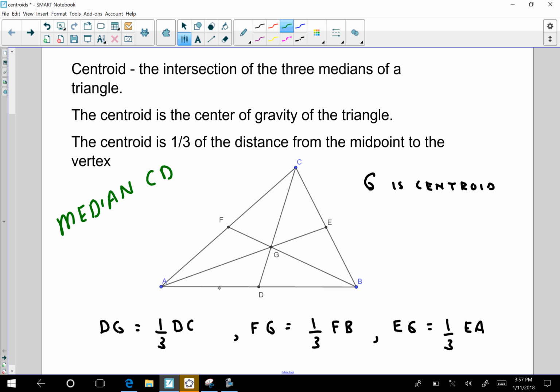So I could denote that being a midpoint with some congruent segment notation. In like manner, I have median BF, and if BF is a median, that says that F is the midpoint of segment AC, and I can denote that again with some congruent segment dashes.